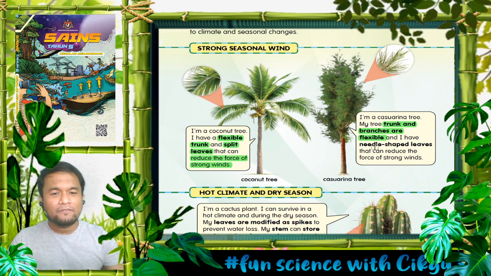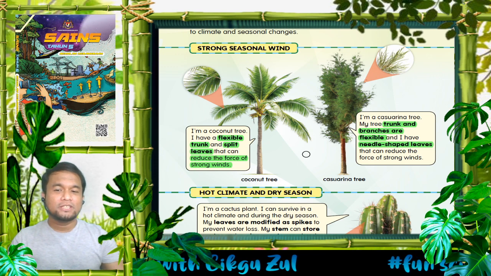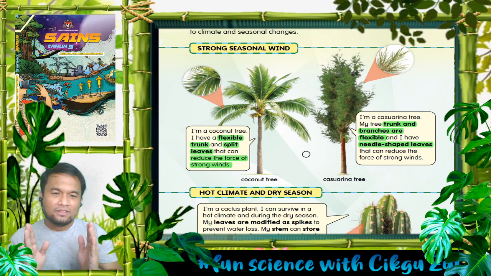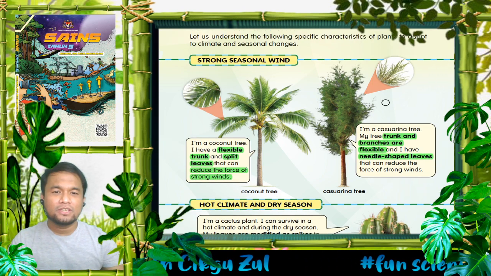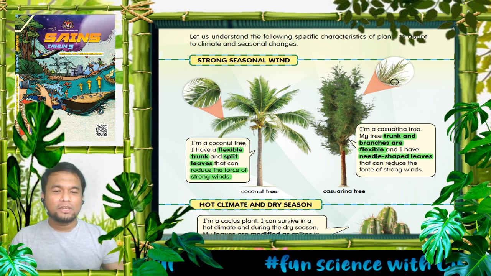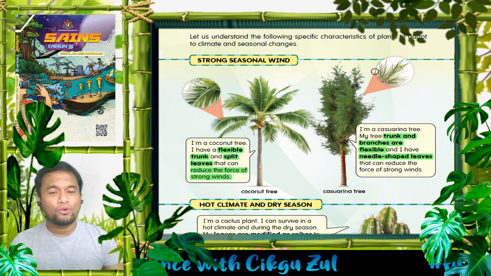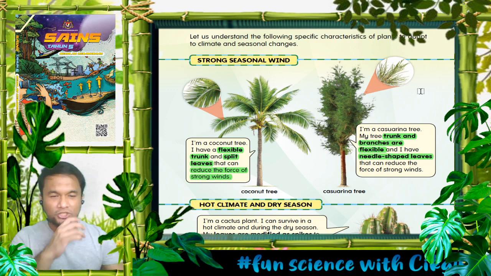I also have needle shaped leaves. Tadi dikata pokok kelapa tu ada split leaf, but this casuarina tree has needle shaped leaves. Daun dia seperti jarum. If you look in the circle here yang sudah di zoom in, daun pokok ini, pokok ru dalam bahasa Melayu dia, the casuarina tree has needle shaped leaves.